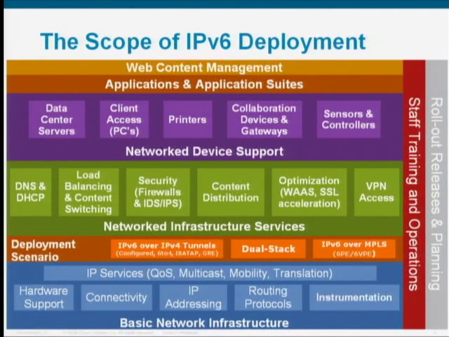And you need to do something here to modify your application. At the same time, you need to look at the devices. We need to do packet filtering, ACL, QoS, multicast, and provide all feature routing protocol. But you also need to look at what I will call the infrastructure services: load balancer, firewall, IDS. So when we are planning the v6 integration, we need to look at the full picture.